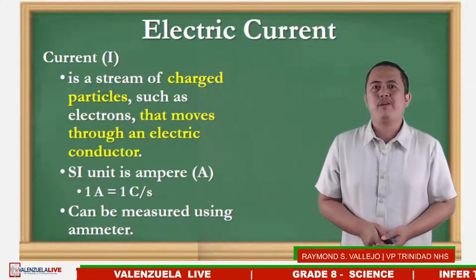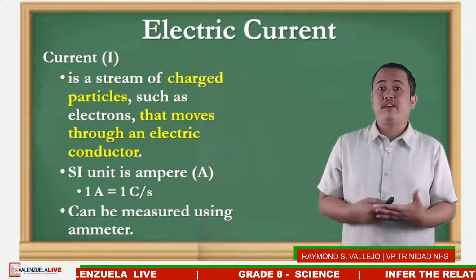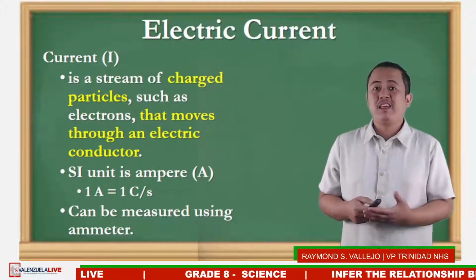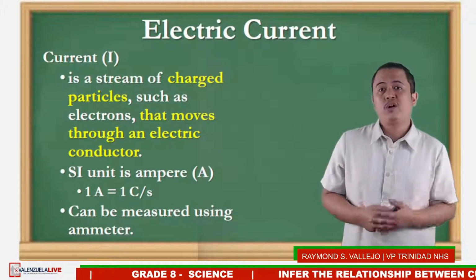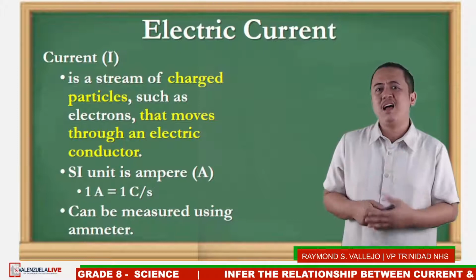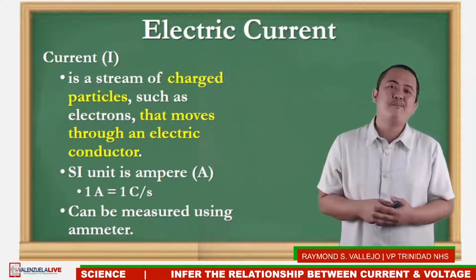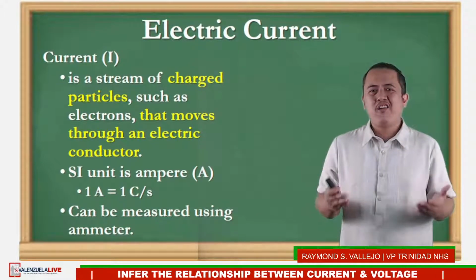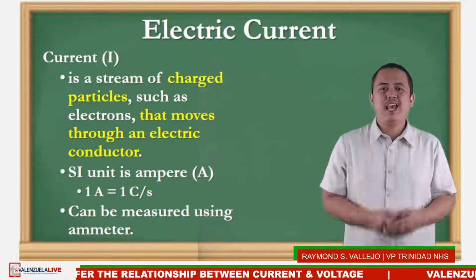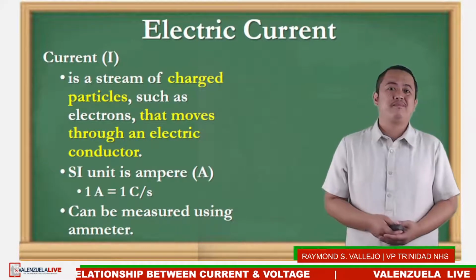The name ampere is used in honor of the French physicist André-Marie Ampère, who is known as the father of electromagnetism. Current can be measured using a device called the ammeter.